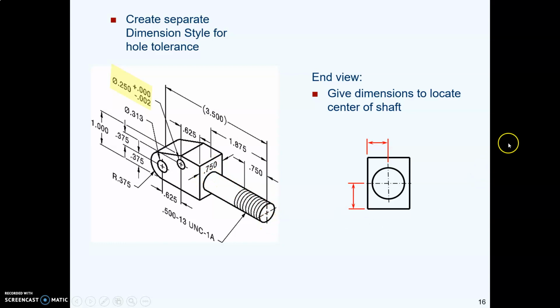There are two ways you could do that. You could have a top view and a front view and give a locating dimension in each one. Or what I think I would do is a front view and a side view and just locate that shaft in the side view or the end view. I think that's cleaner looking, but up to you. And notice you do need to dimension in both directions, X and Y.